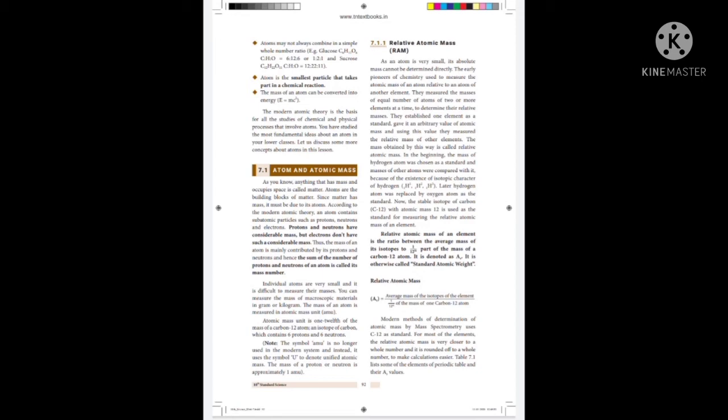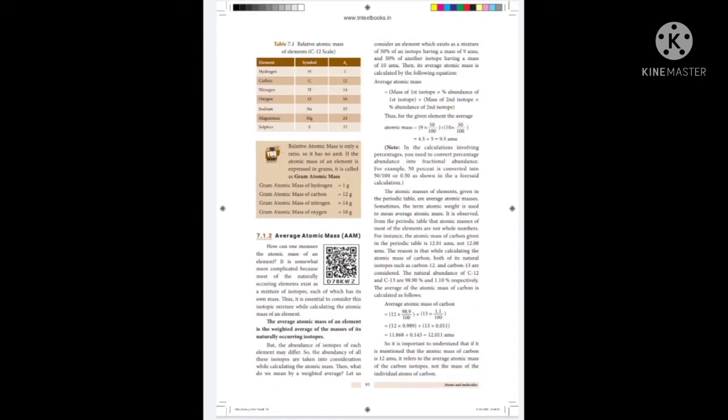Relative atomic mass of an element is the ratio between the average mass of its isotopes to 1/12th part of the mass of a carbon-12 atom. It is denoted as Ar, a capital A and small r. It is otherwise called standard atomic weight. In page number 93, table 7.1, a list is there.